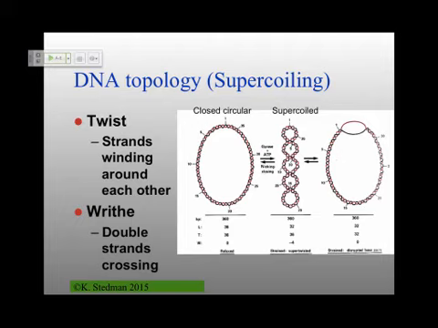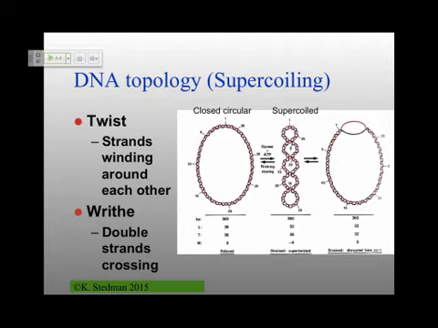With DNA, since you have two strands that are wrapped around each other, you have two basic kinds of coiling which are going on. You've got the coiling that takes place with the two strands around each other, which is what people call twist. And then there's where the two strands are crossing each other. Now, unfortunately, this is just a single strand because of the phone cord. This is where you've got those double strands crossing each other.